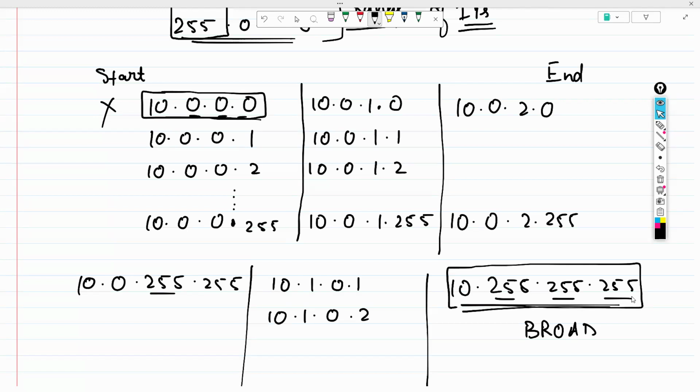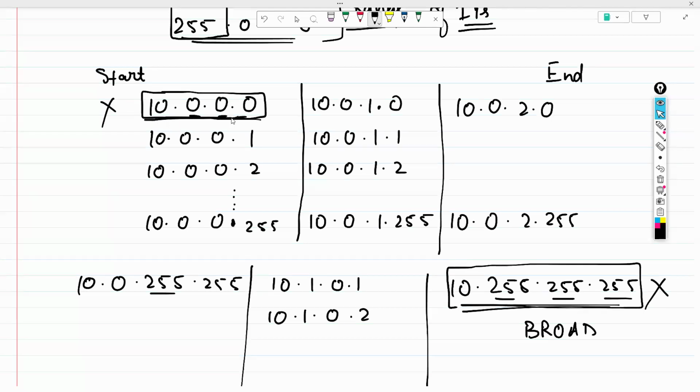Your house address and your neighbor's house address cannot be the same, correct? That's the basic funda, right? So if I send a message to 255.255.255, it means it will go to everyone. If it goes to everyone, I cannot assign this IP address to any person or any user. So this IP address is also lost, right?